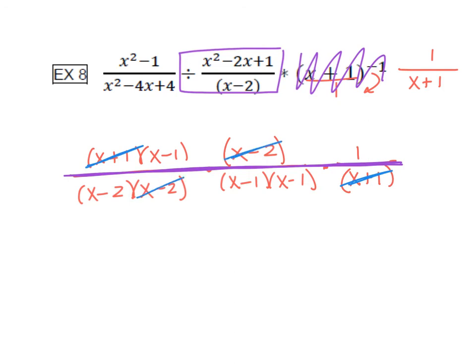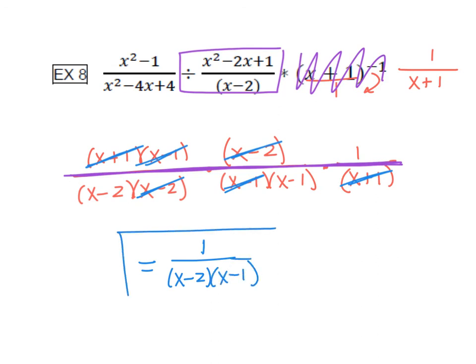Here's an x minus 2 canceling with an x minus 2. We've got an x minus 1 canceling out an x minus 1. And everything from the top is gone, so we're ready for our answer. All that we have left up top is a 1. And even if that 1 was not there, if everything cancels away, put a 1 in its spot, because you need something up top. And then on the bottom, we have an x minus 2 and an x minus 1. And that's going to be our final answer.